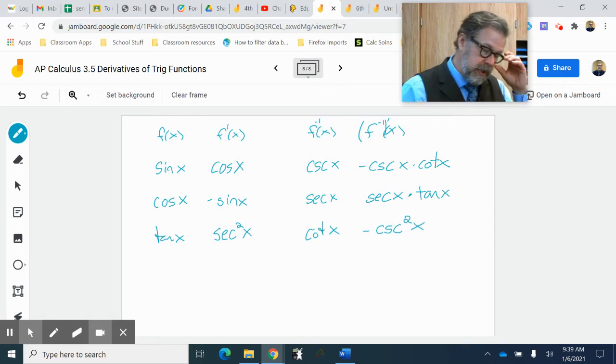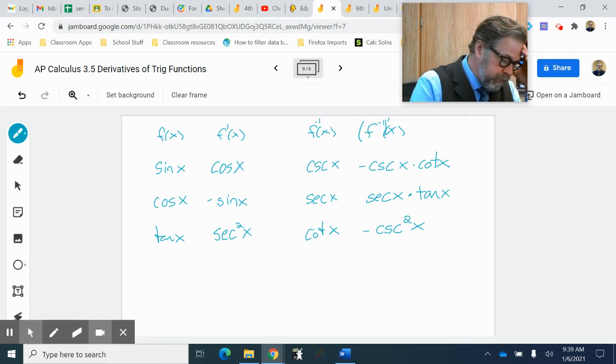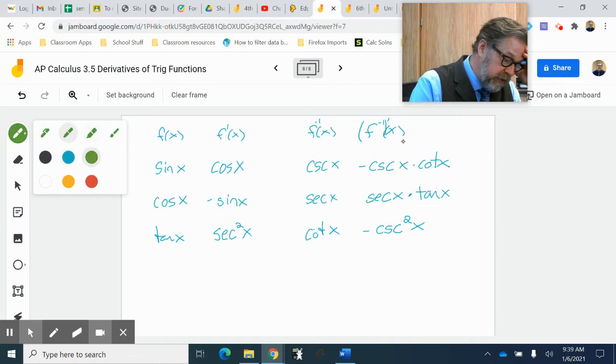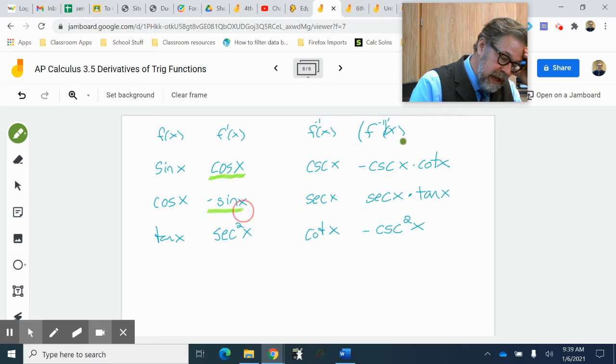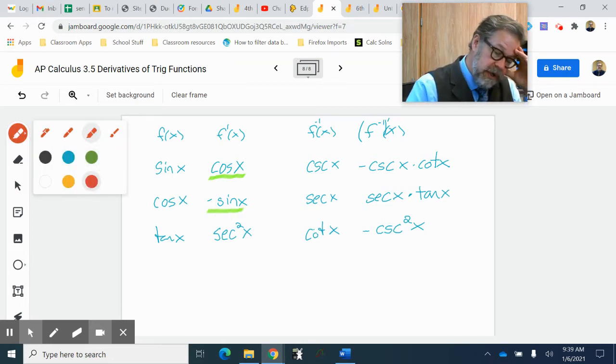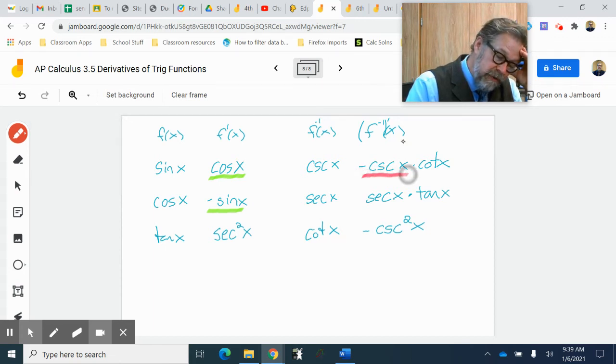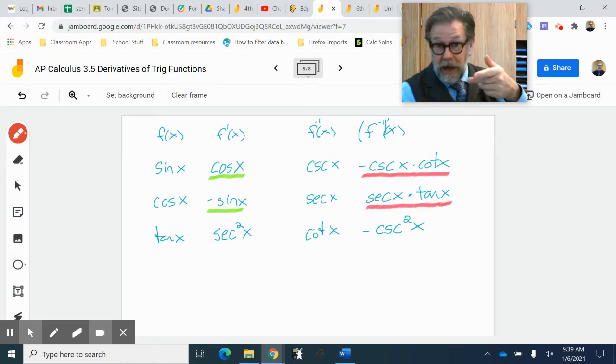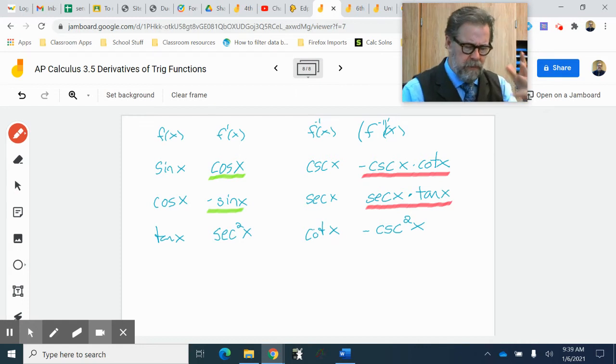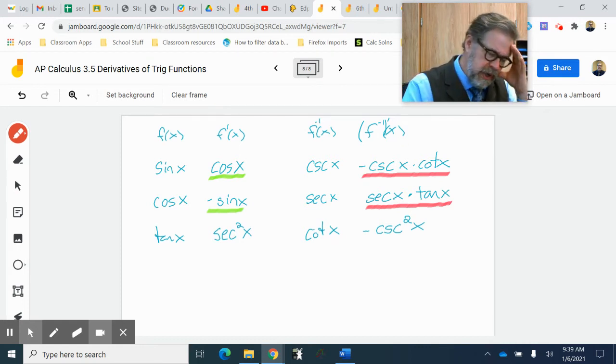So notice that we got some patterns here. If we look at sine and cosine, we've got just the opposite and then the negative opposite. If we look at cosecant and secant, we've got a negative and then the positive or the opposite of the other one. You have to remember one of them, cosecant, cotangent. But notice that it's itself times cotangent.